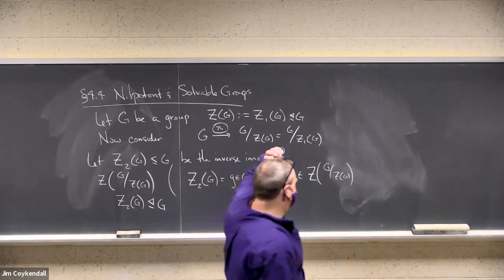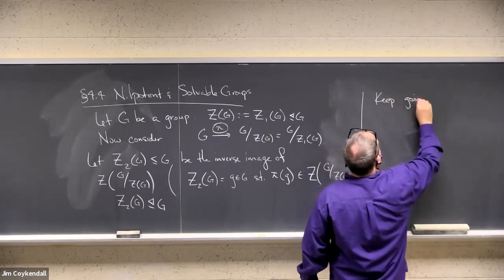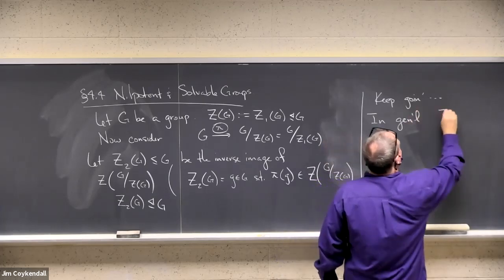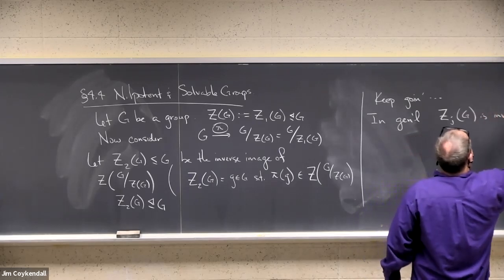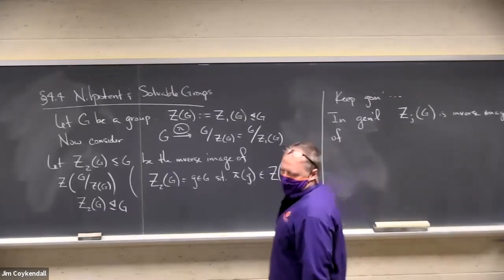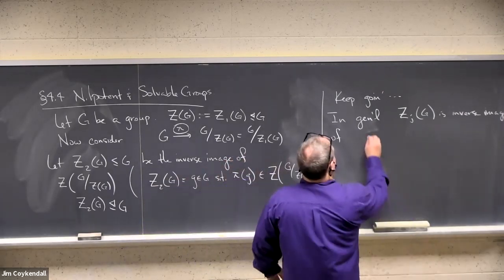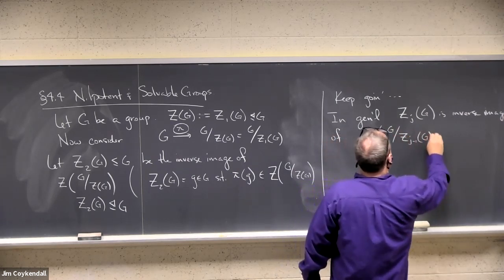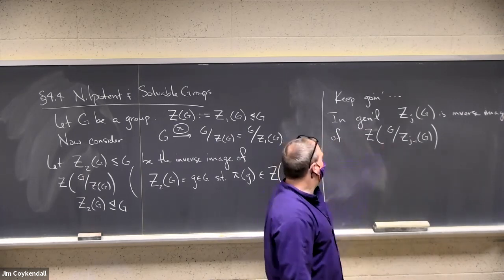In general, Z_j(G) is the inverse image of the center of G mod Z_{j-1}(G) under the projection from G into this.